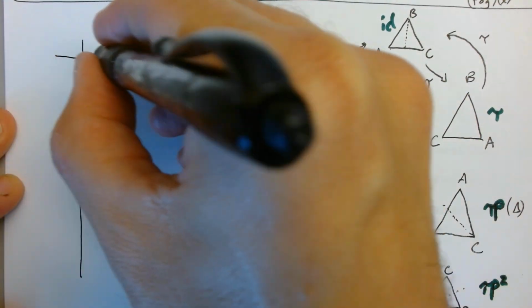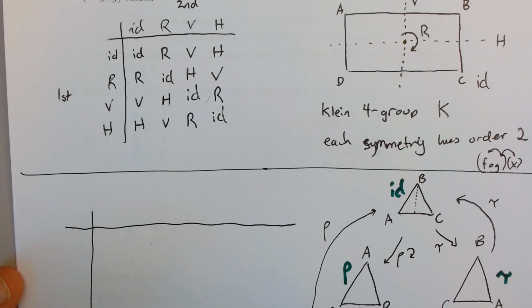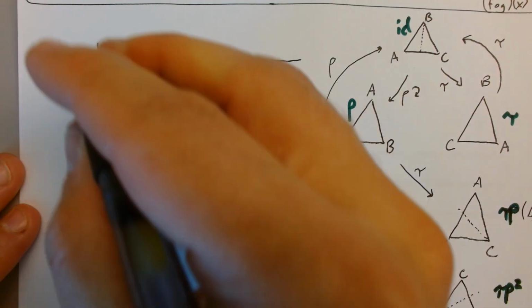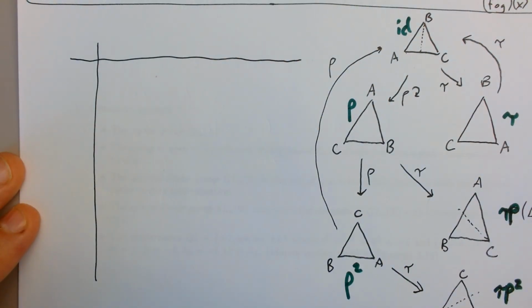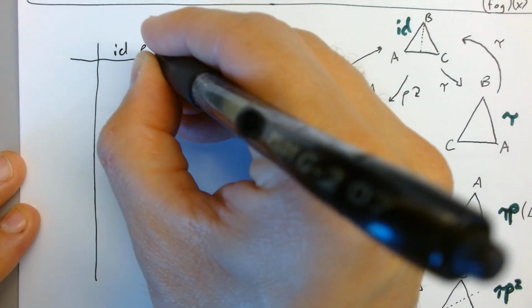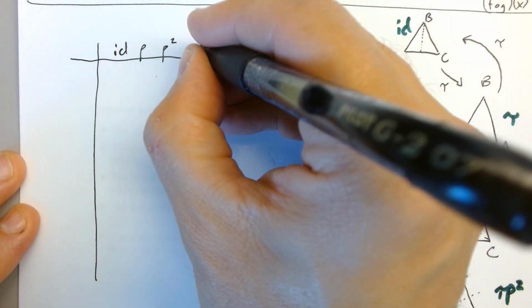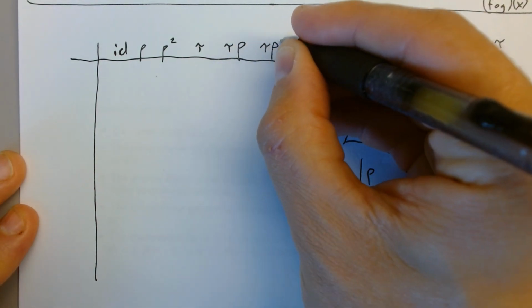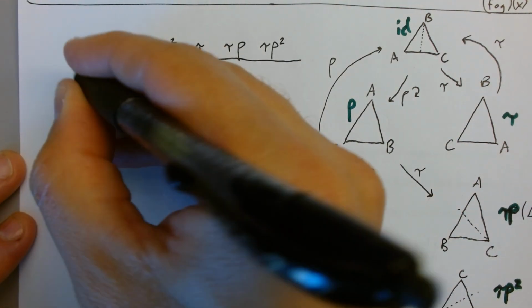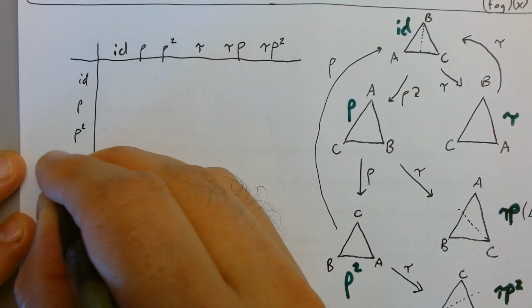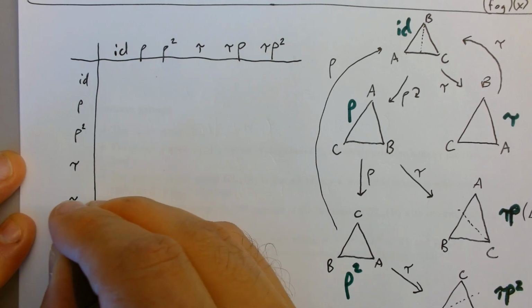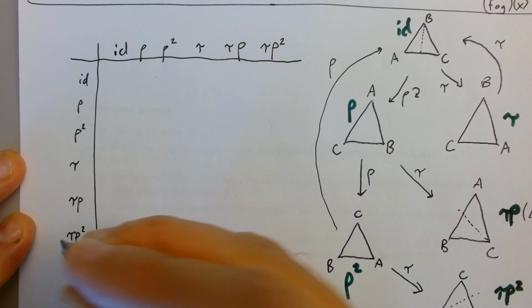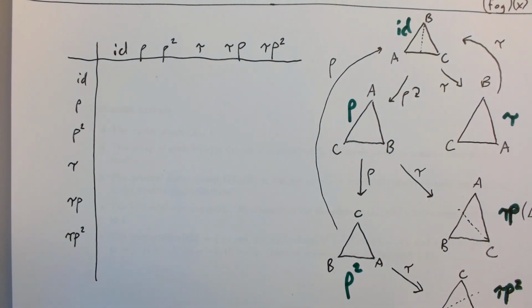So now let's create the Cayley table. Just like before, when I did the rectangle, I'll have all 6 of them across the top and down. So I have the identity, rho, and rho squared, and then tau, tau rho, and tau rho squared. I'll put those here as well. I put it in this way because we'll get what we refer to as a subgroup here.